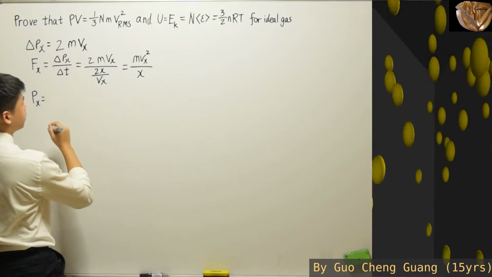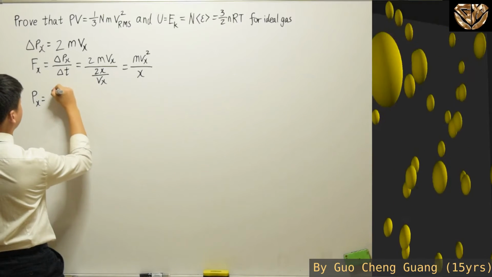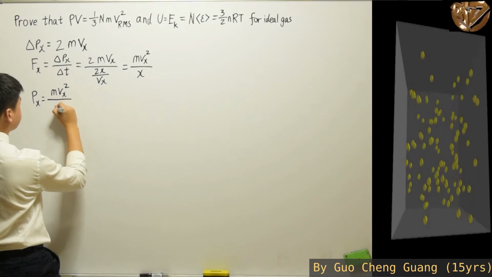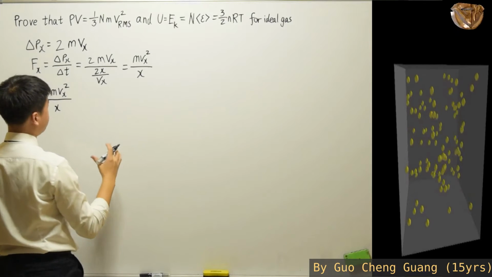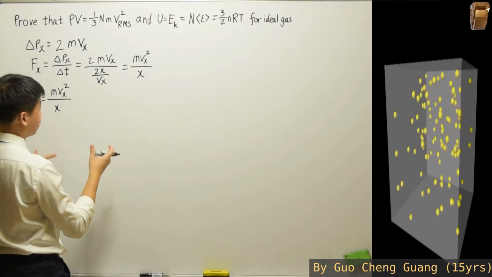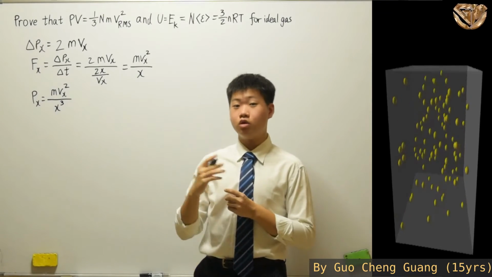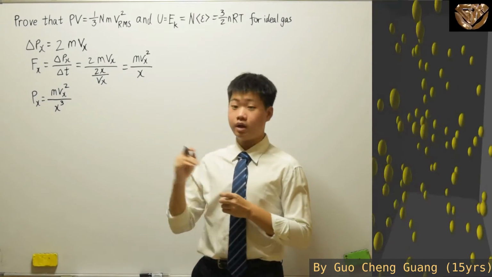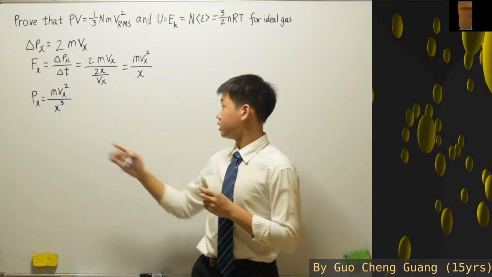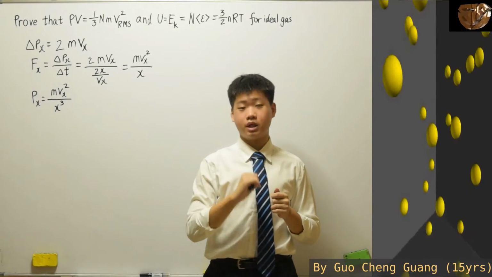So what you would have over here, well, that would be x. Now let's say we have x as the entire length of a container, for example a cubical container, alright? So x in this case, since it is over the area, that means you would have x squared multiplied onto the denominator for this part. So this is what you will get for the pressure in the x direction, alright? So this is just for one particle, beware.